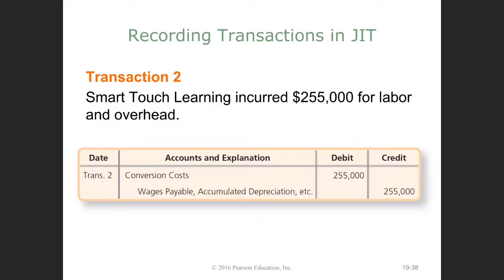We incurred $255,000 for labor and overhead. So we're going to debit our conversion cost for $255,000, and we're going to credit our wages payable and accumulated depreciation for $255,000.